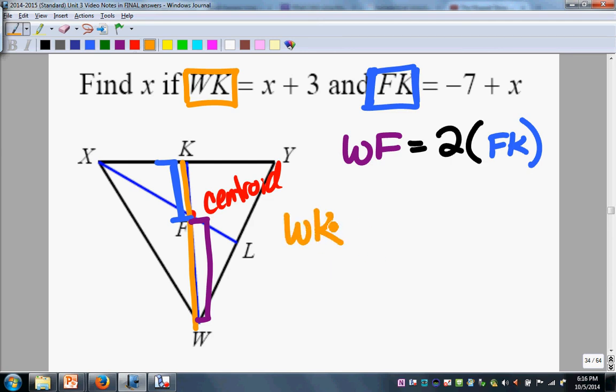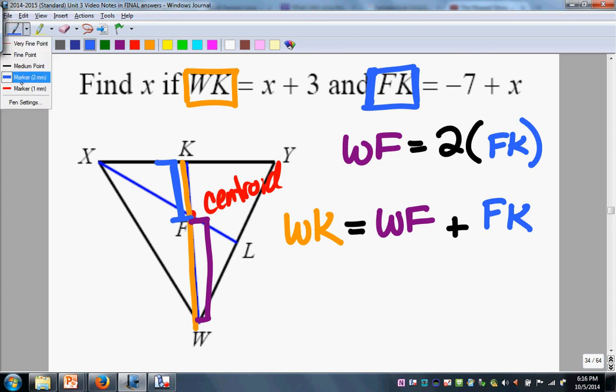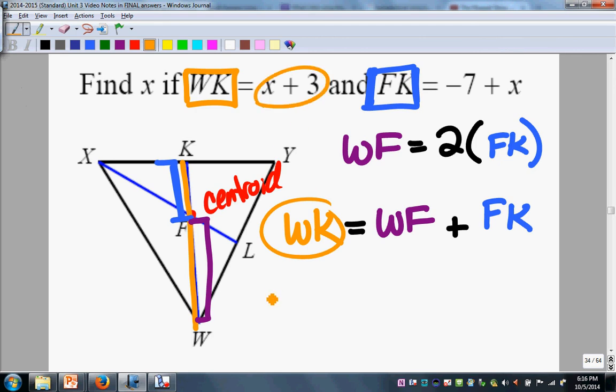Your other thing equation is the fact that WK equals WF plus F to K. There's your other thing equation. To solve for X, we're going to circle, plug, chug here very carefully. Ready? Very carefully. WK is up here.